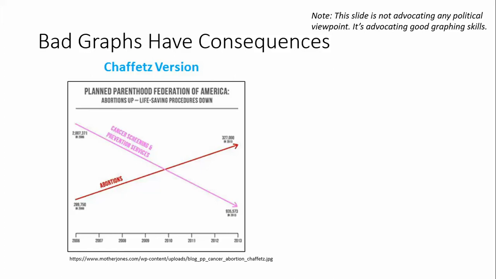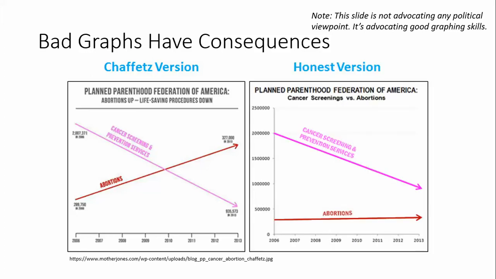And so if you look at this graph, it gives you an idea that cancer screening and prevention services are decreasing dramatically below abortion that have been offered by Planned Parenthood. However, when you have an actual y-axis and then you graph these accurately, you see a very different pattern.